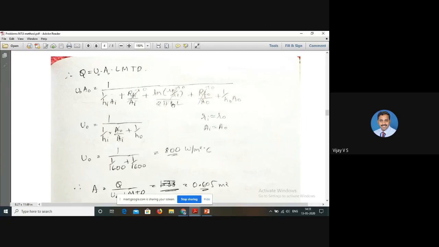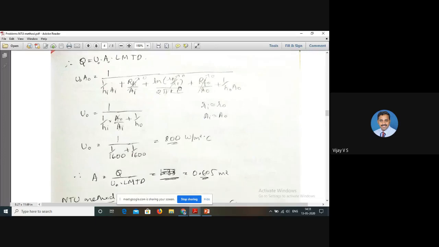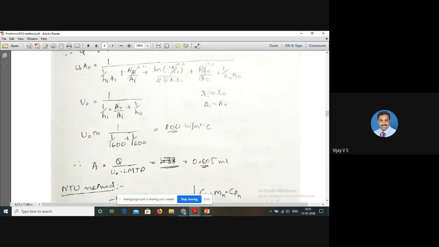Thermal conductivity is not given. So what we can do is neglect the thermal resistance of the wall. Thermal conductivity generally will be high. If I neglect all three terms, what I will get is 1 by Hi into A naught by Ai. I will assume that the wall is thin, so Ri is nearly equal to R naught. So A and A naught are nearly equal and this gets cancelled. Finally, the overall heat transfer coefficient is 1 by Hi plus 1 by H naught.